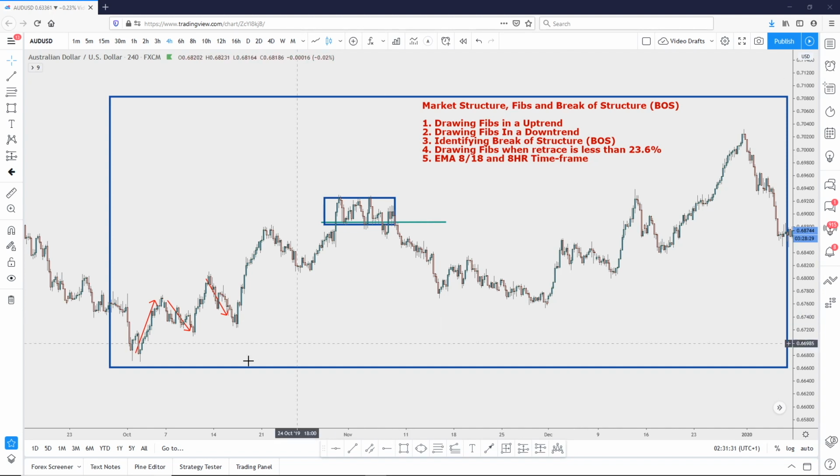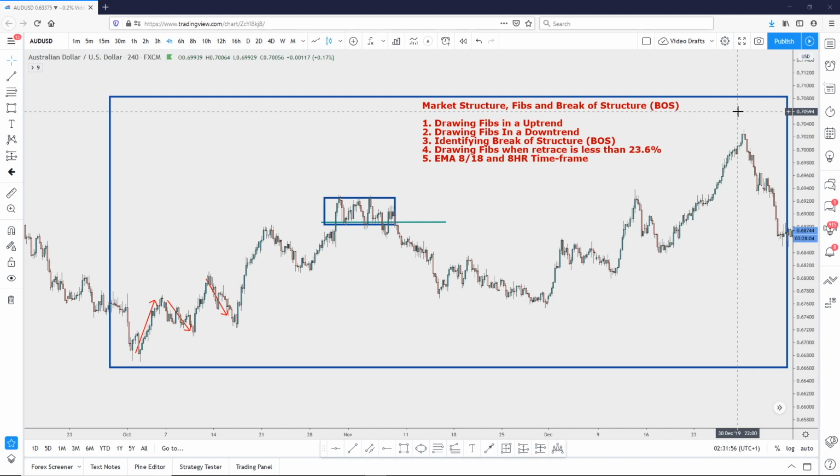Okay, today we're going to be reviewing market structure, Fibonacci, and breakout structure, which you may have seen me write before, BOS. So anytime you see me write BOS, I'm talking about breakout structure. And today's lesson is the foundation of chart analysis.